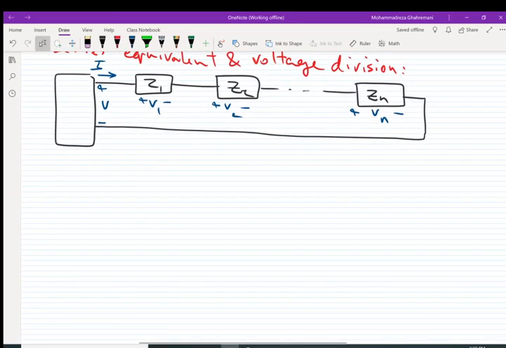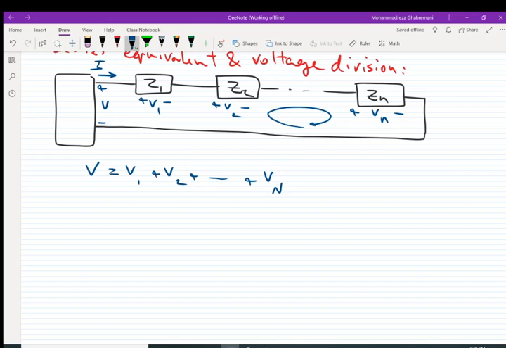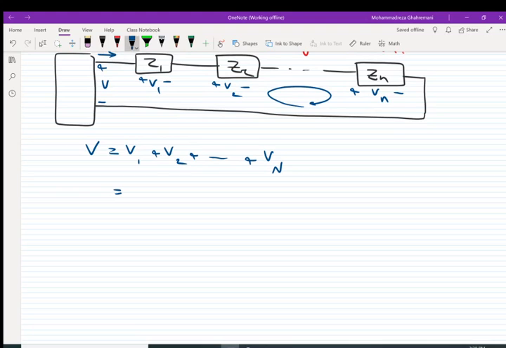Now we can write a KVL for this loop: V is equal to V1 plus V2 plus Vn. Based on Ohm's law, this equals Z1I plus Z2I plus up to ZnI.